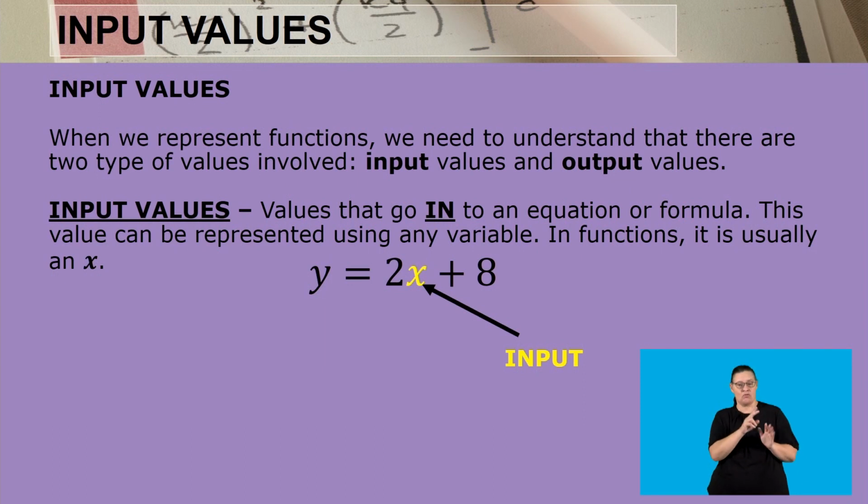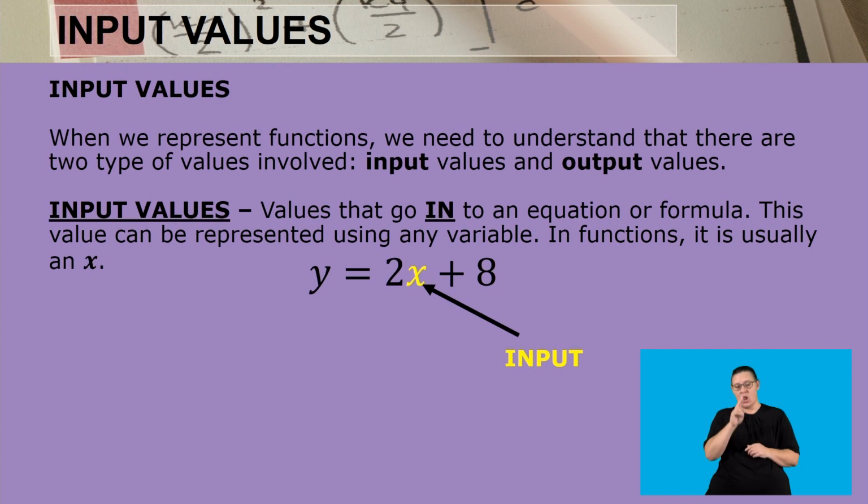When we represent functions, we need to understand that there are two types of values involved: input values and output values. So what are these input values? Well, values that go in to an equation or a formula. This value can be represented using any variable. In functions, it is usually an x.